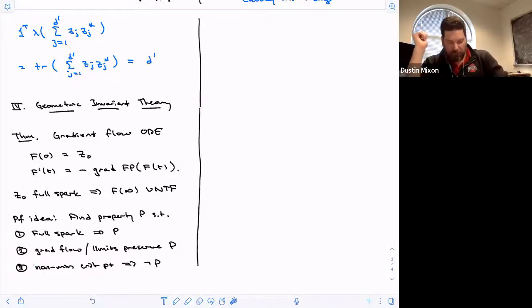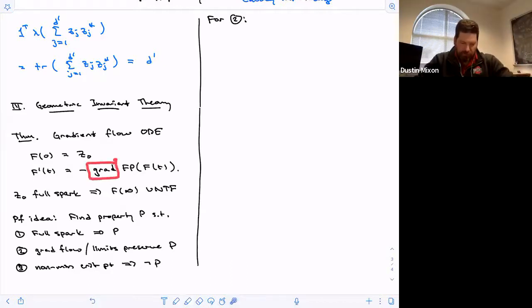Okay, so I'm going to explain what P we pick, and we're going to motivate this using property 2. We want a property that is preserved under gradient flow and under limits. So for 2, I'm going to first talk about what this Riemannian gradient is.